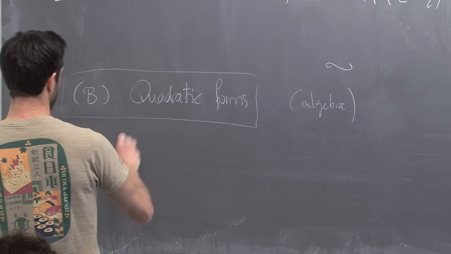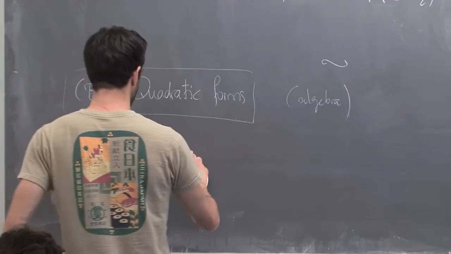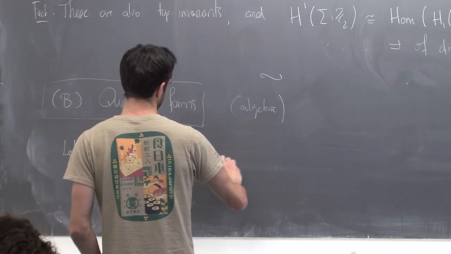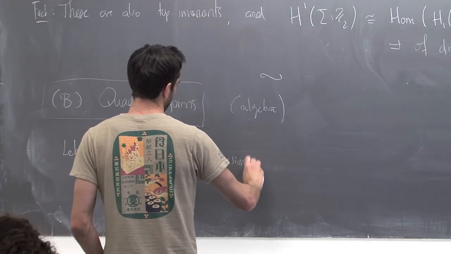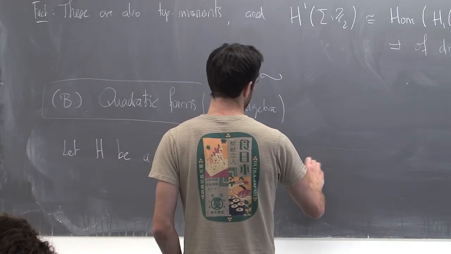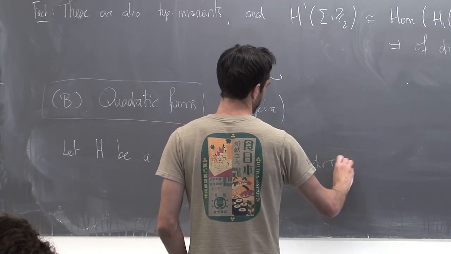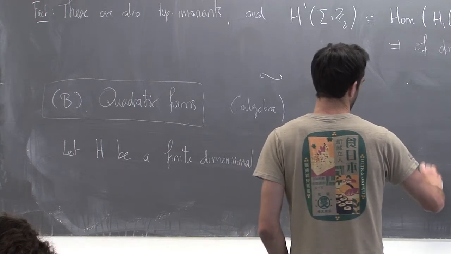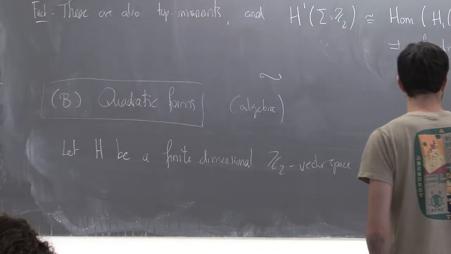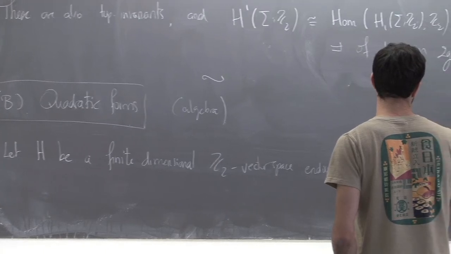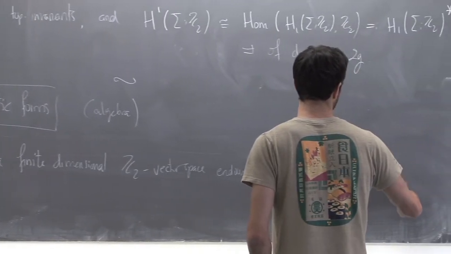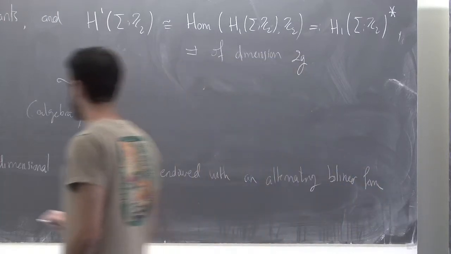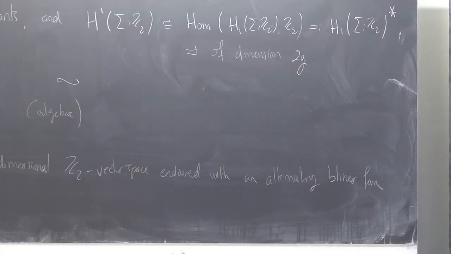Okay. So let H be a finite dimensional Z2 vector space endowed with an alternating bilinear form, which I will denote by the dot.